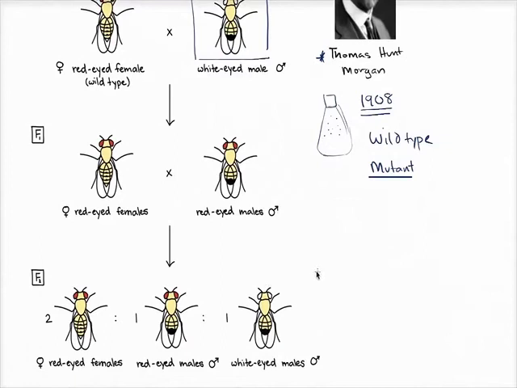He saw a 3-to-1 ratio of red eyes to white eyes. So for every 4 fruit flies, he would see 3 red-eyed, and he would see 1 white-eyed. So the white-eyed trait makes a reappearance, which in and of itself is interesting.